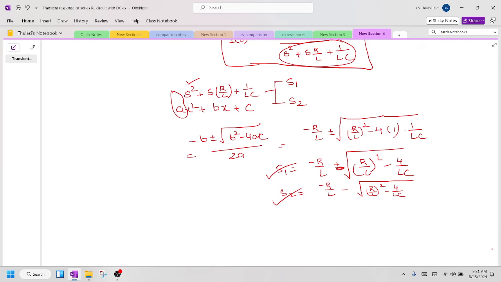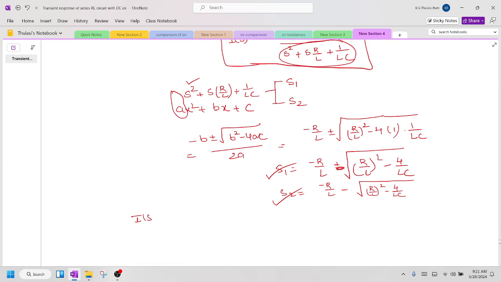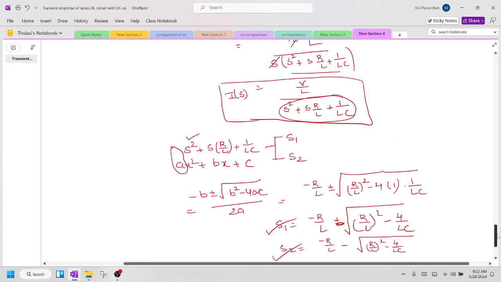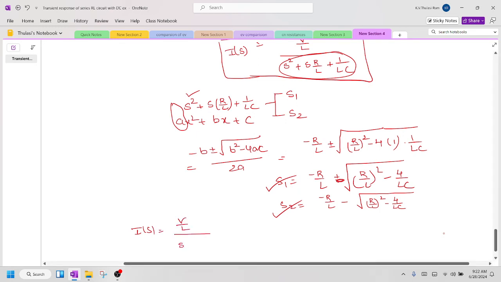So from these two roots we can write I of S, which in the standard form is V by L divided by S square plus S into R by L plus 1 by LC.